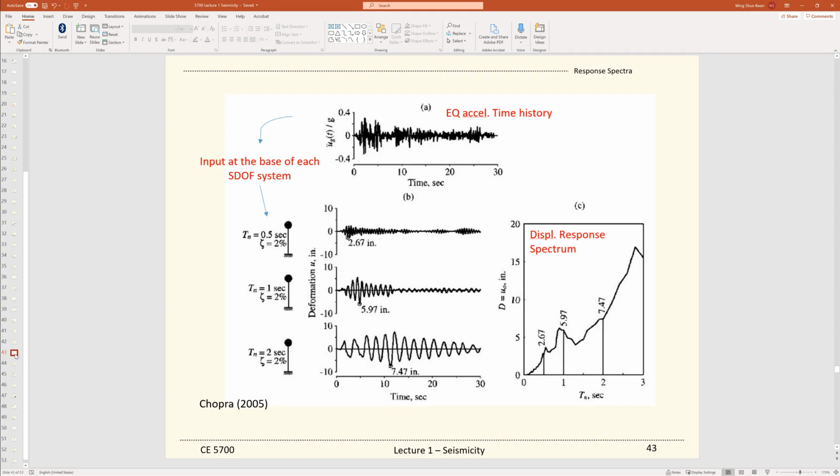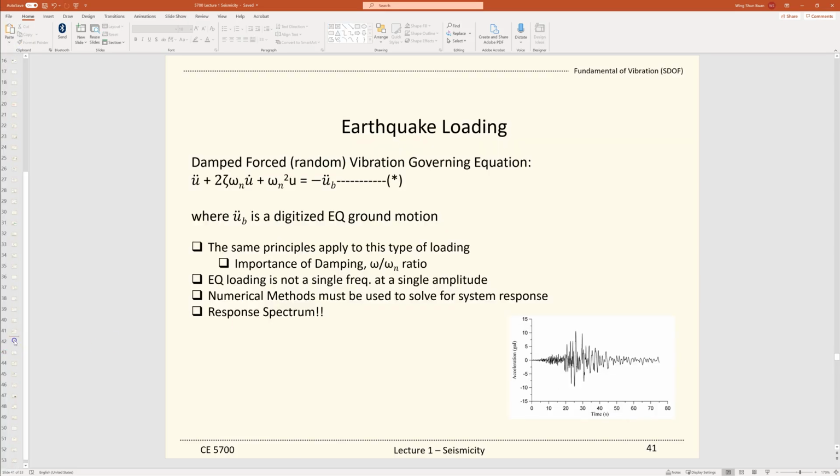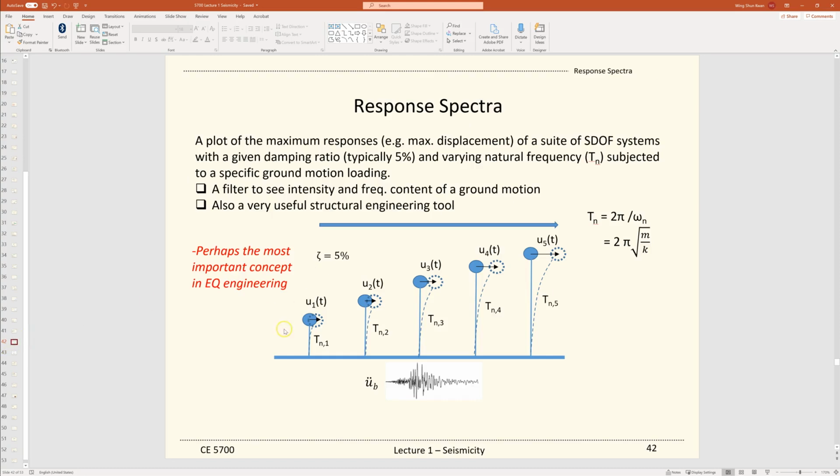Experimentally, how do we come up with the displacement response spectrum? For example, we have an earthquake acceleration time history, and if we input it into different SDOF systems, we get different responses. Just like now we have separated, isolated systems.